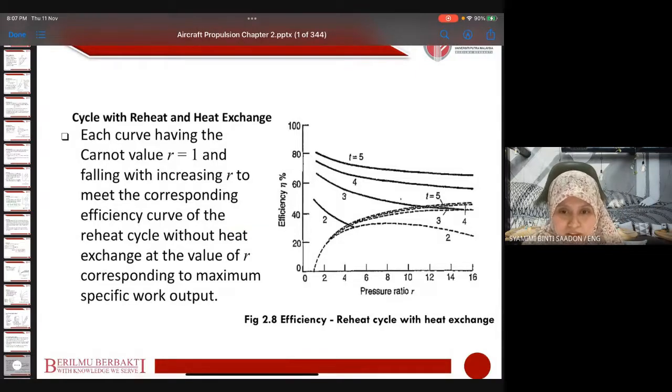So the constraint of the lower efficiency with the reheat cycle just now can maybe be overcome by adding a heat exchanger also to the reheat cycle, so we can maintain or lower the decrease of the efficiency compared to just the reheat cycle.